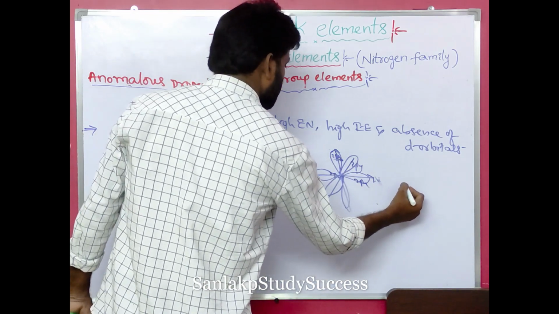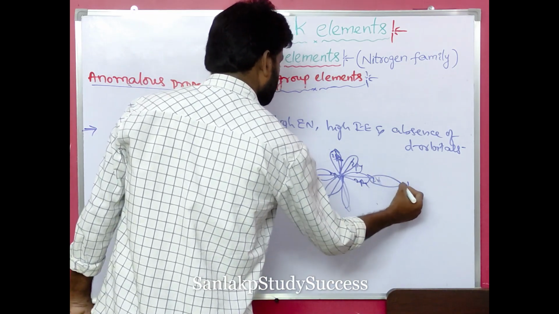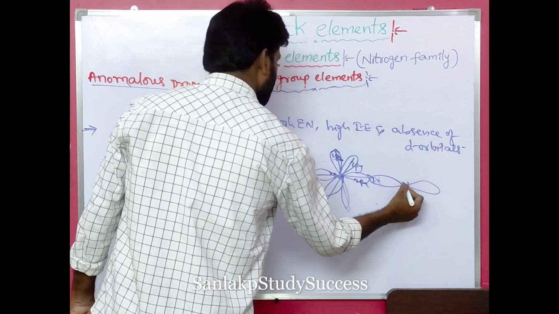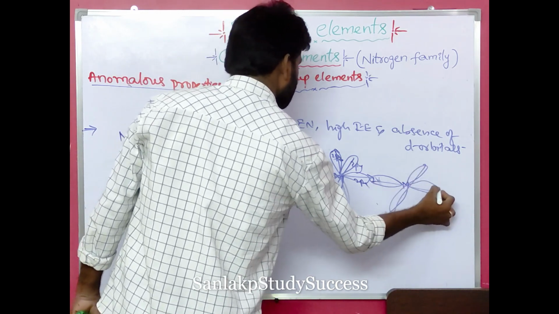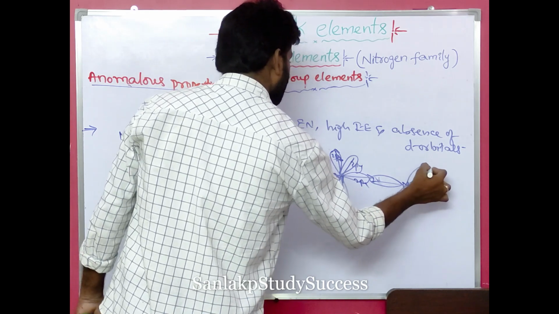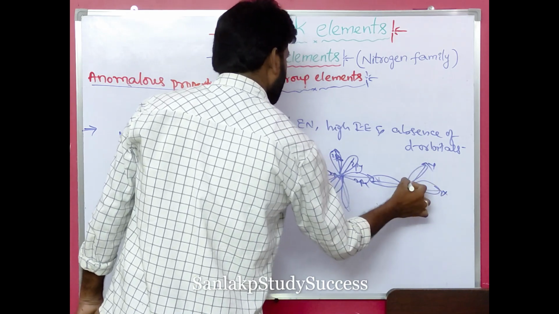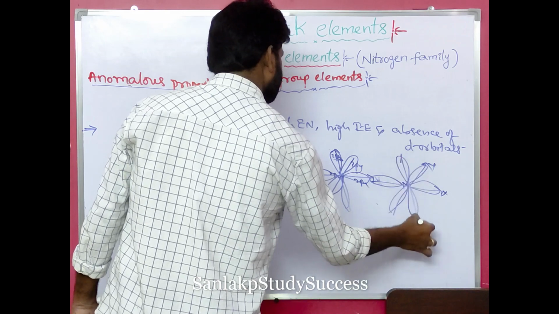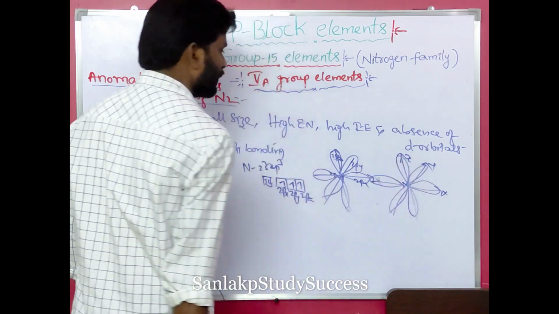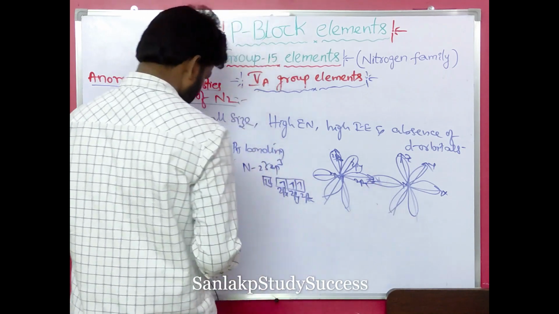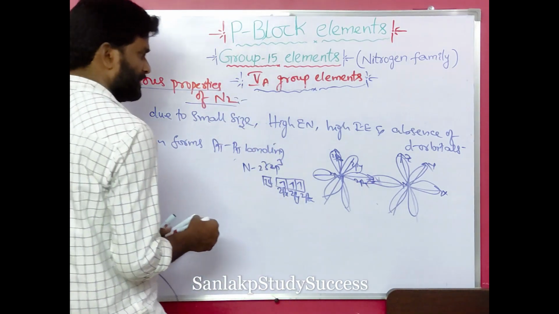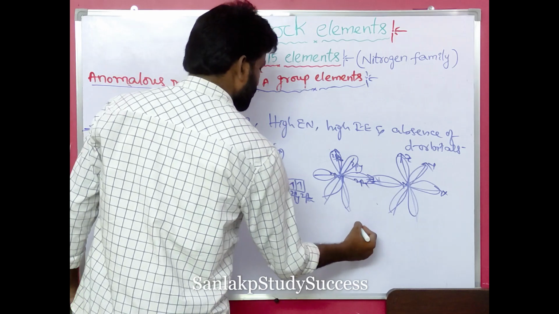Similarly, we take another nitrogen with 2px, 2py and 2pz. These two px orbitals overlap end-on, which forms a sigma bond.